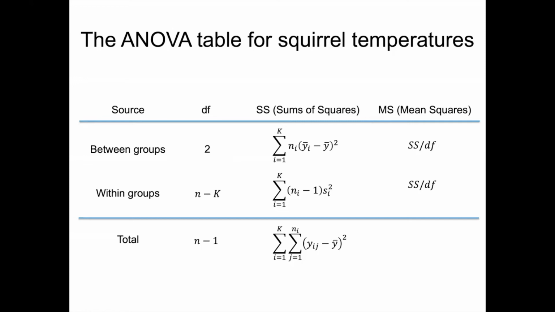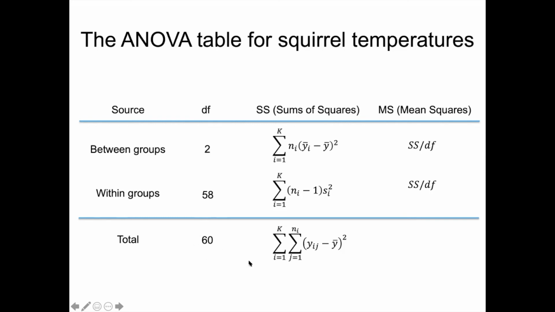Now, if you recall, there were a total of 61 observations in this experiment, so our total degrees of freedom is equal to 60. And our within group degrees of freedom is our total sample size minus our number of samples, which is 61 minus 3, and that equals 58. Now, we can check our math because the between group degrees of freedom plus the within group degrees of freedom needs to equal the total degrees of freedom.